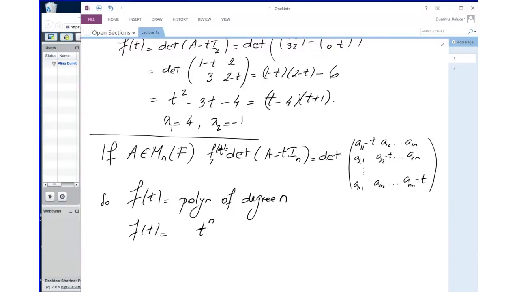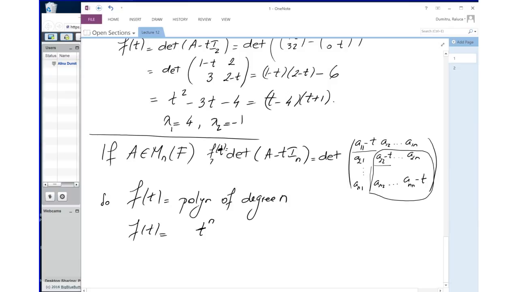You don't have to actually compute it, but imagine expanding along the first row and getting n minus 1 by n minus 1 determinants, and then expanding along the second and so on. To track t to the n, how can we get t to the n out of those products? Well, if I'm using this entry, then that would be multiplied by the determinant of this one. And then I'm doing the row 1 expansion again, and I'm going to use that specific entry, and so on.